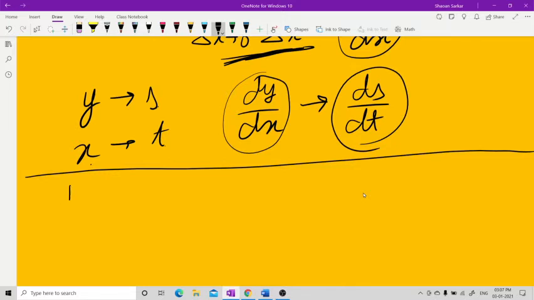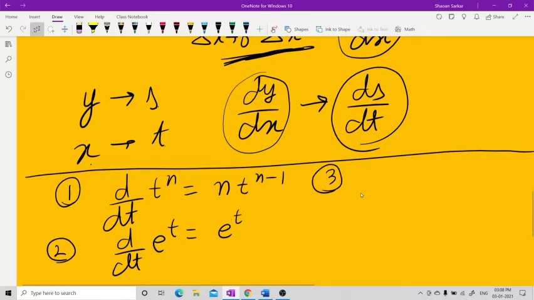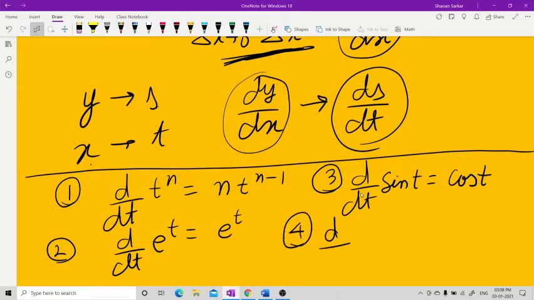Derivative formulas. Number one, d by dt of t to the power of n is n t to the power of n minus 1. Second, d by dt of e to the power of t is e to the power of t. Third, d by dt of sine t is cos t. Fourth, d by dt of cos t is minus sine t.